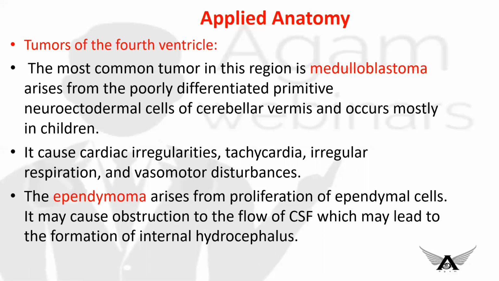CSF cannot escape into the subarachnoid space, so it will accumulate in the ventricle, causing a rise of intracranial pressure and hydrocephalus in children. This is the same as in the third ventricle, so you can write it the same way, but here we have the names of the tumors: medulloblastoma and ependymoma.